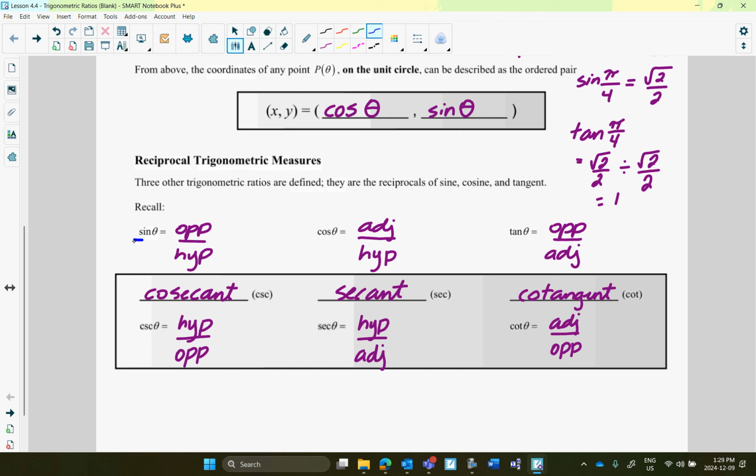If it's sine, the reciprocal begins with C. If it's cosine, it begins with S. Kind of reverses. So when I think of sine, well, its reciprocal must begin with C, and that's cosecant. If I think of cosine, its reciprocal must begin with S, that's secant. That's just the way I do it.